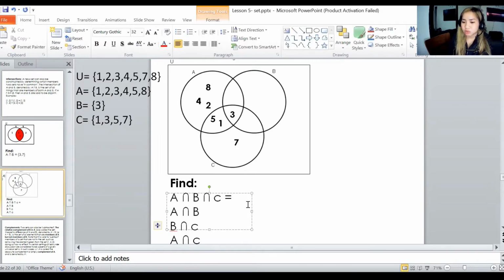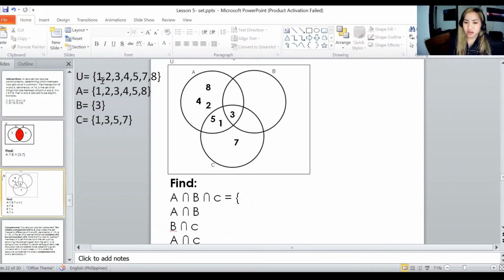Sige, so hanapin muna natin to. So, ang intersection ng lahat ng given set dito sa loob ng rectangle is yun daw pong lahat ng parehas nila or intersection. So, hanapin natin. Yan. So, meron po bang 1 sa B tsaka C?